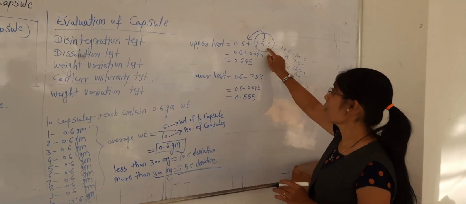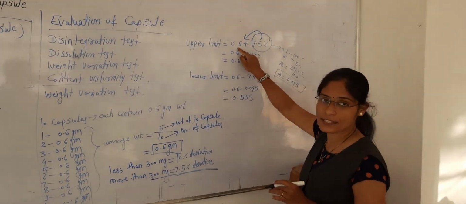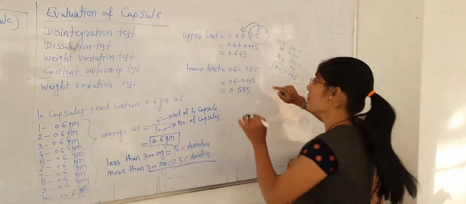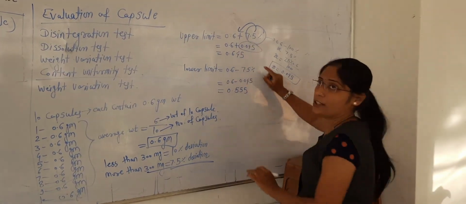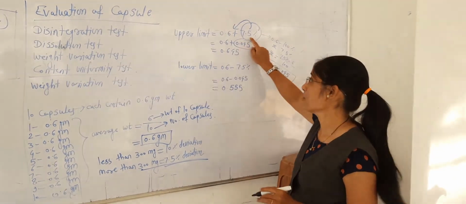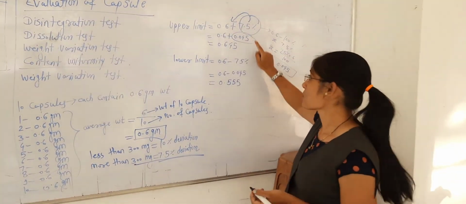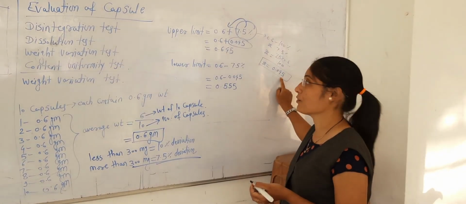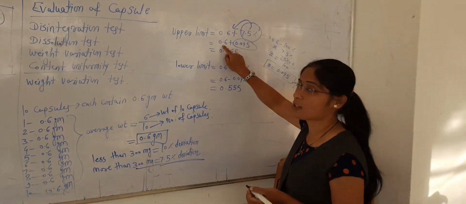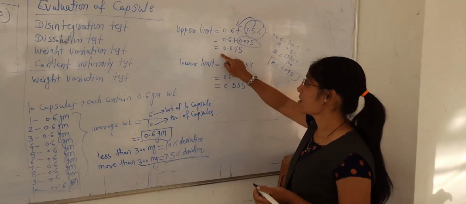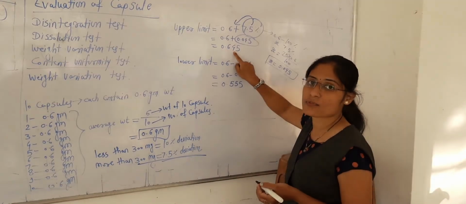The 7.5% of 0.6 is 0.045. So here, how did this value come? If 0.6 is 100%, how much will 7.5% be? So cross multiply, then x is equal to 0.045. Then add 0.6 with 0.045. Then the upper limit is 0.645.